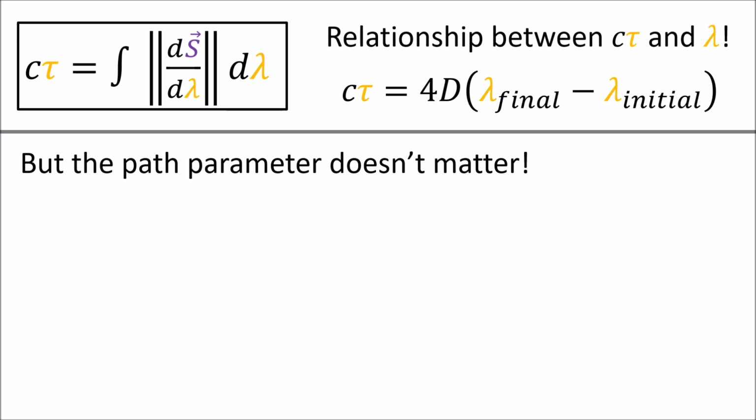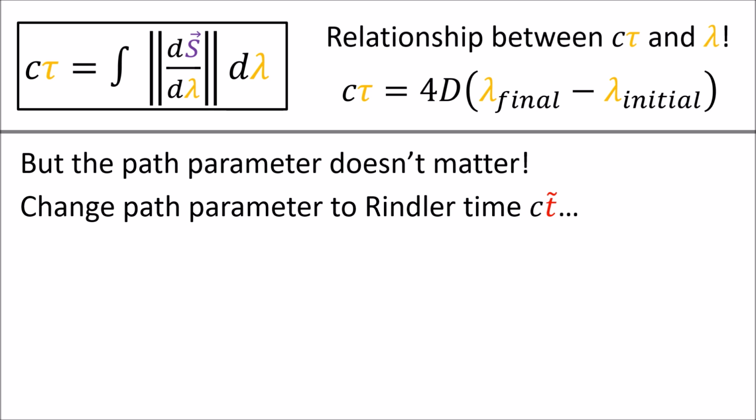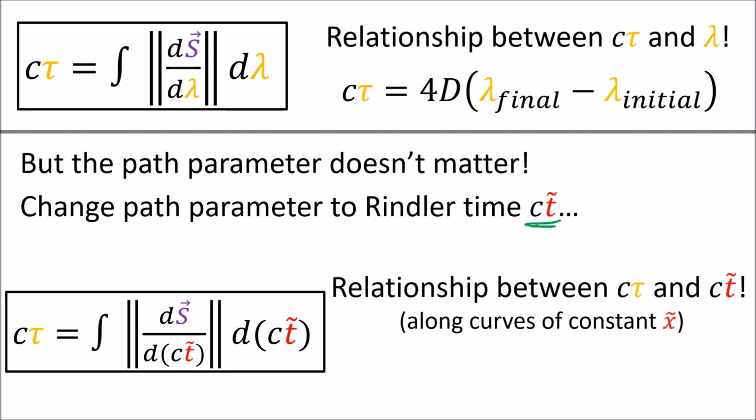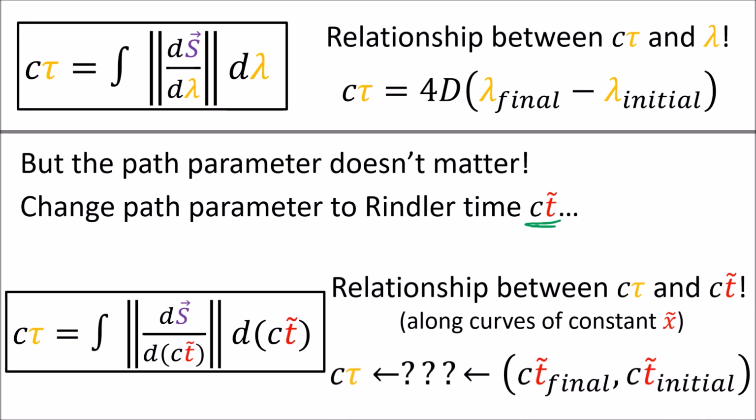If I change the path parameter to the Rindler time ct tilde, it's possible to get a relationship between the proper time c times tau and the Rindler time ct tilde along Rindler hyperbolas with constant x tilde.